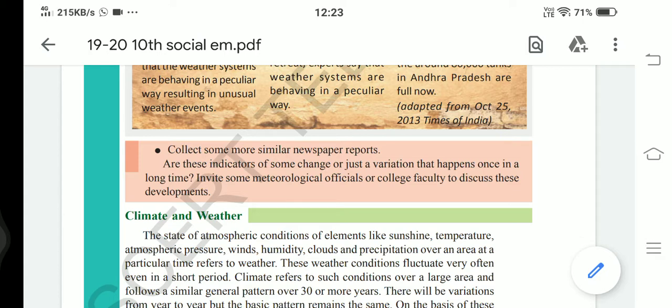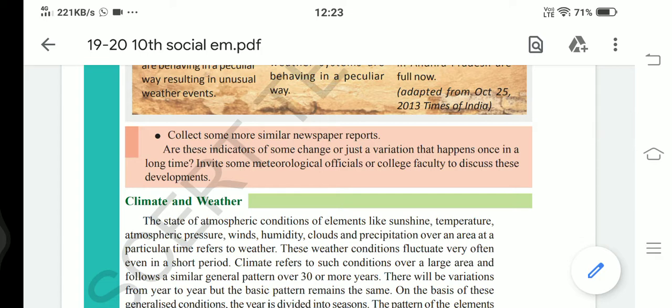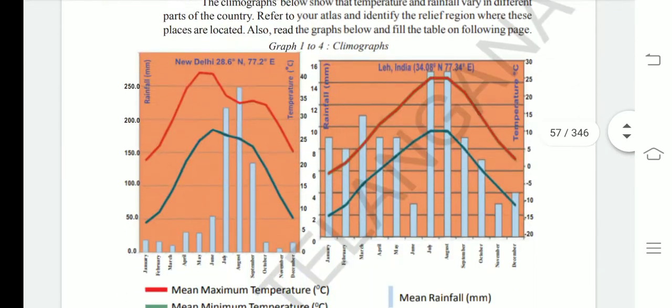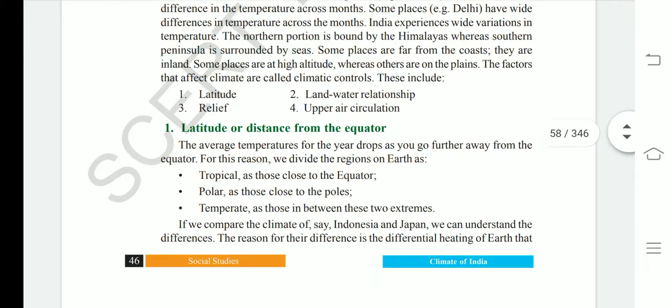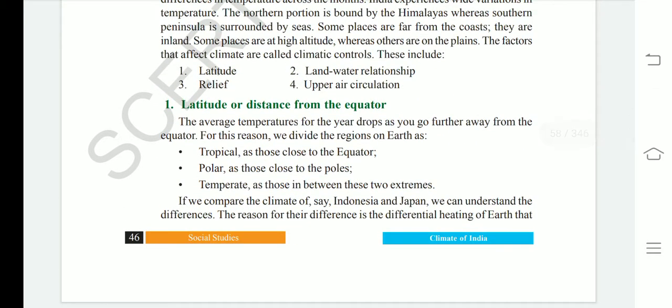Some factors influence the climate, and yesterday we saw latitude, or distance from the equator. This we have completed. This is one of the factors which influences the climate of India.